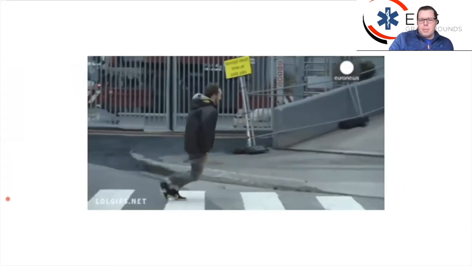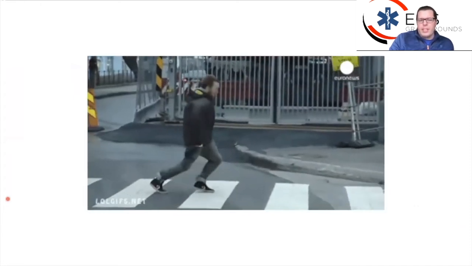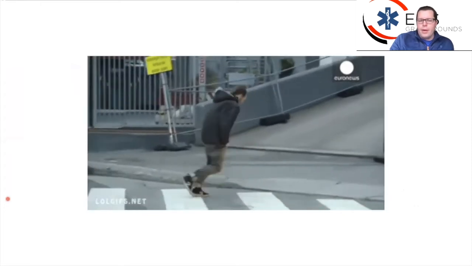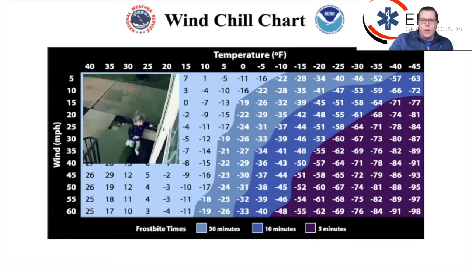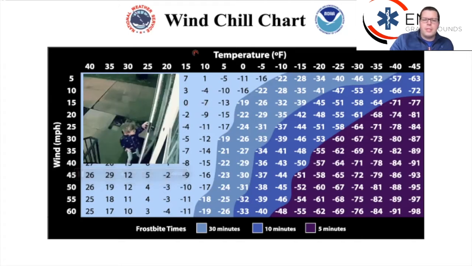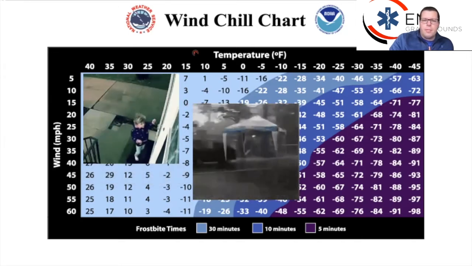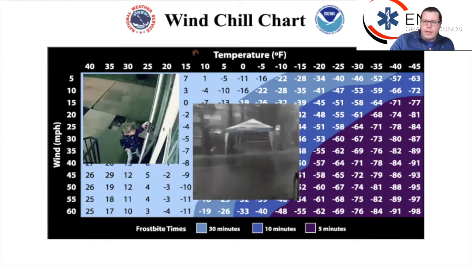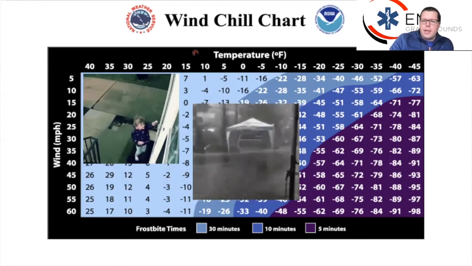Wind speed actually makes a big difference. So obviously, if you're traveling in gases, the wind speed when you're out in the air makes a big difference. With a sort of mild wind, it may take 30 minutes to develop frostbite. If you get to the moderate wind or the colder temperature, wind blowing 25, 30 miles an hour, it may take 10 minutes.